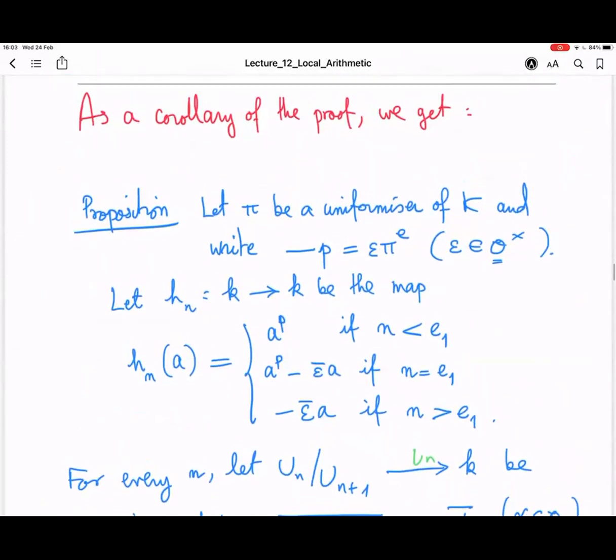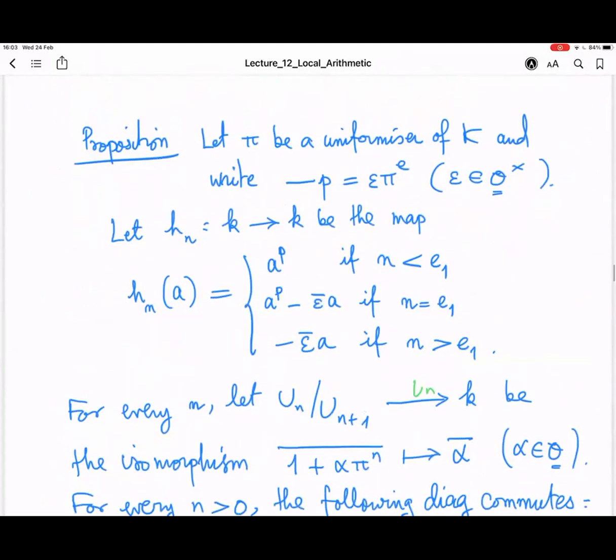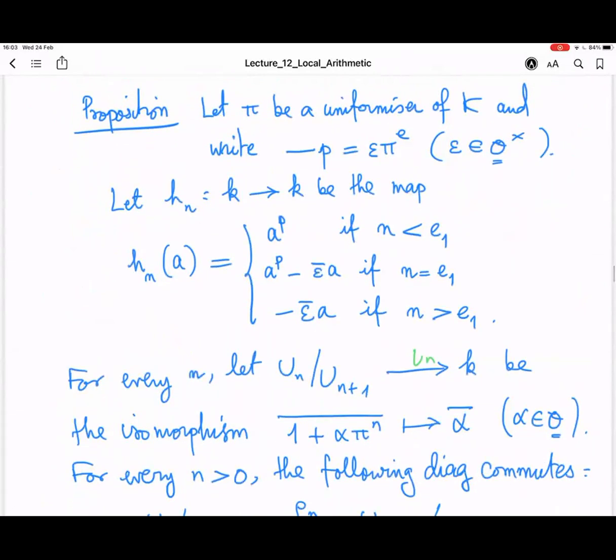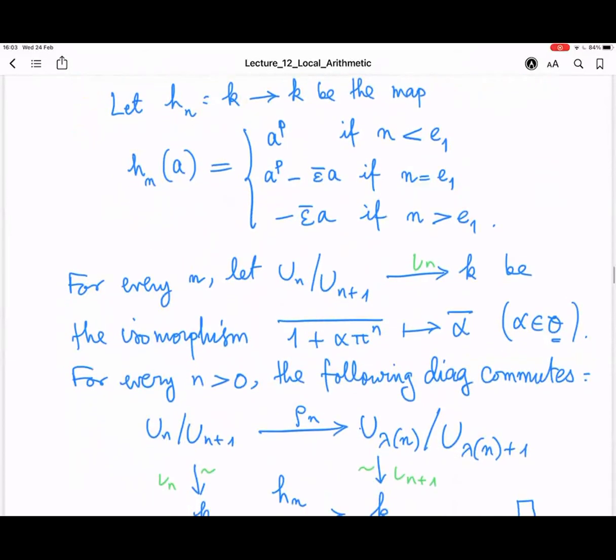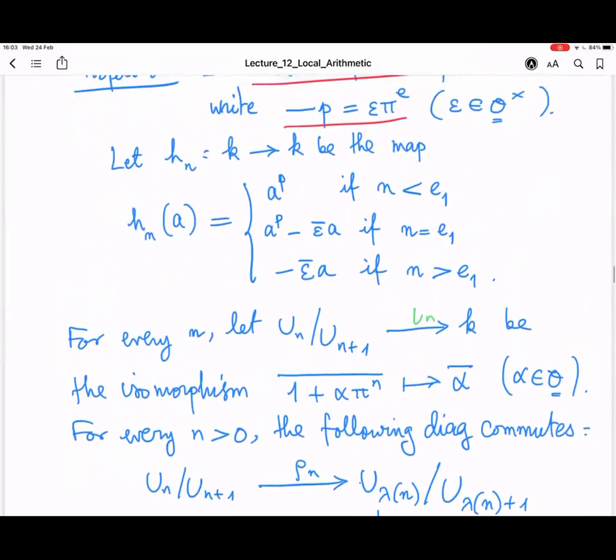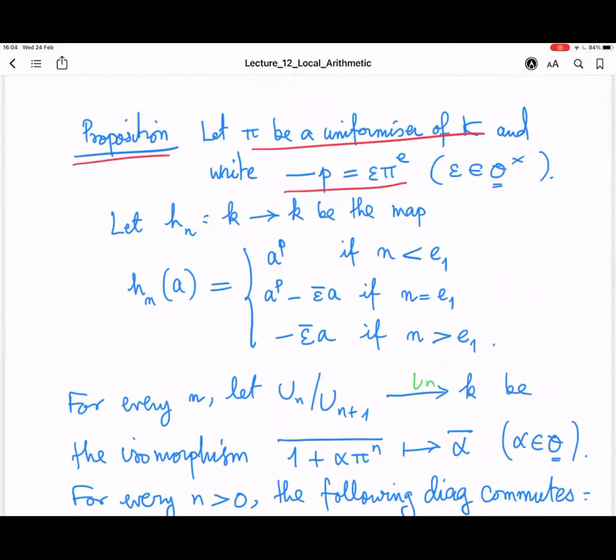And in fact, as a corollary, if you look carefully at the proof, then what is being proved is that if I choose a uniformizer pi of k, and if I write minus p as epsilon times pi to the e, then, so in fact, this proposition requires a little bit of notation.